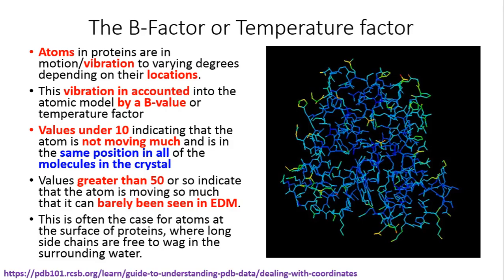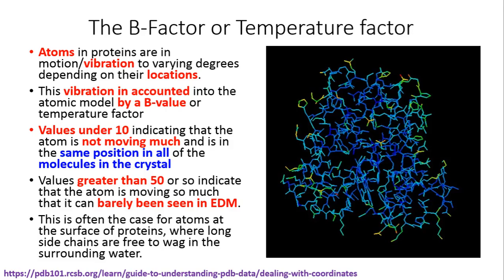So if the atom has a B factor value under 10, that means it is quite stable in your protein molecule. While if the value of the B factor is greater than 50, that would eventually mean that it has got inherent flexibility in it.